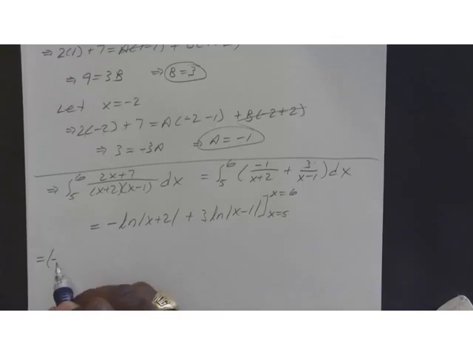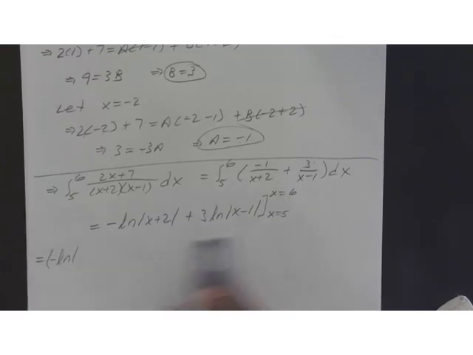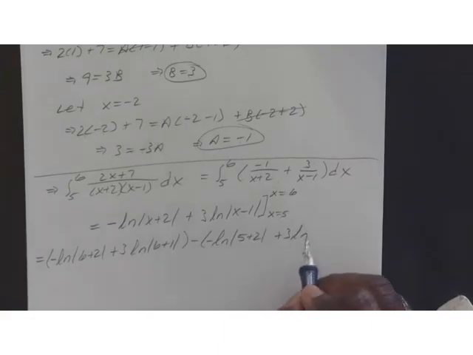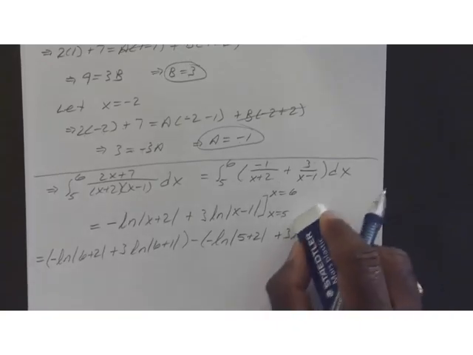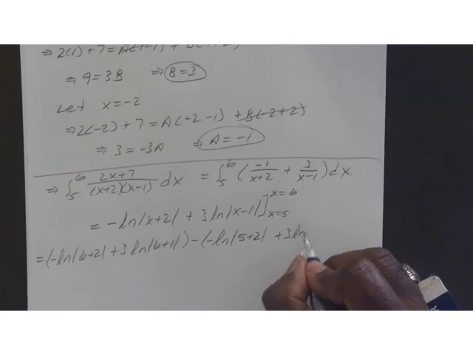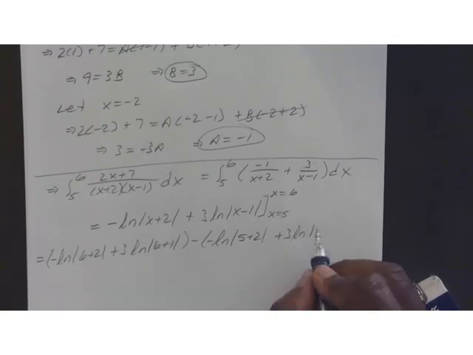Okay, so we have negative natural log of 6 plus 2 plus 3 times the natural log of 6 plus 1 minus negative natural log of 5 plus 2 plus 3 times the natural log of 5 minus 1.